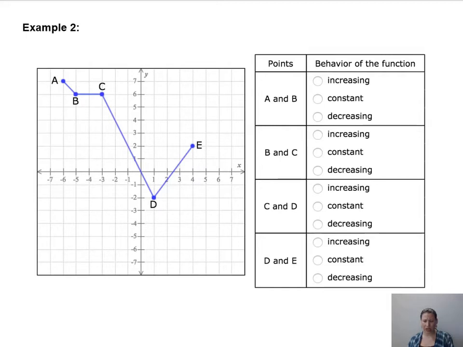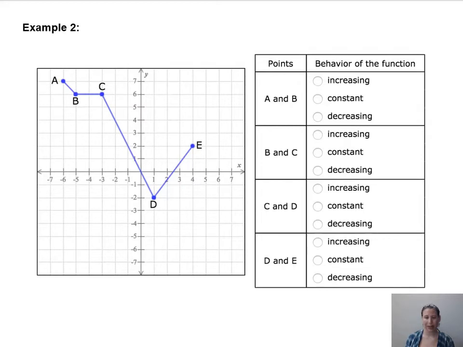If we are asked this type of problem, this is taken directly out of Alex. They're just saying, okay, what is happening at each point? What's the behavior of the function? So if we look at this, we're asked about point A and B first.